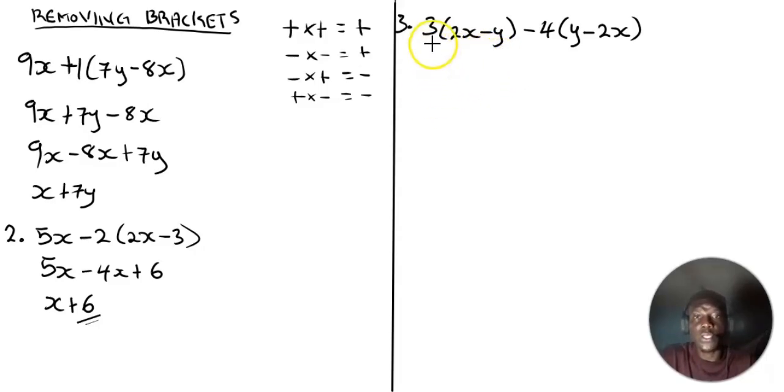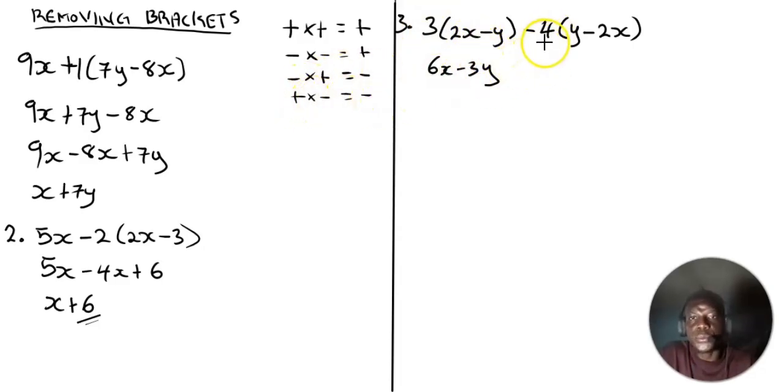So let's go. We say 3 times 2x. So 3 times 2 will give you 6x. 3 times minus y will give you minus 3y. That's because this is carrying a positive sign. So plus times minus will give you minus.